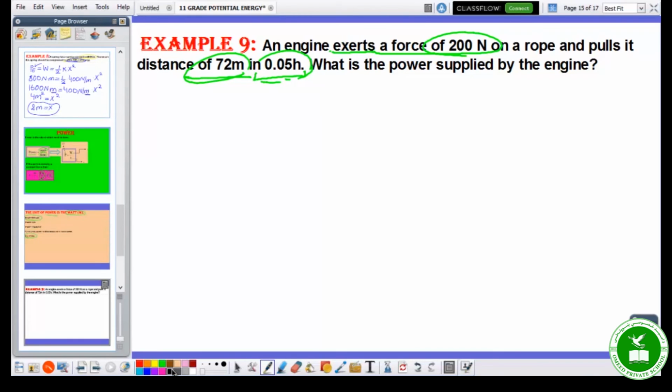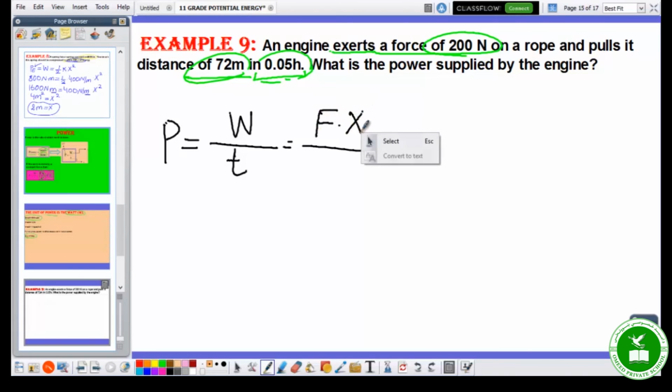Let's solve it. Power is equal to work done divided by time, and work is force times displacement, divided by time. Let's write the given values.